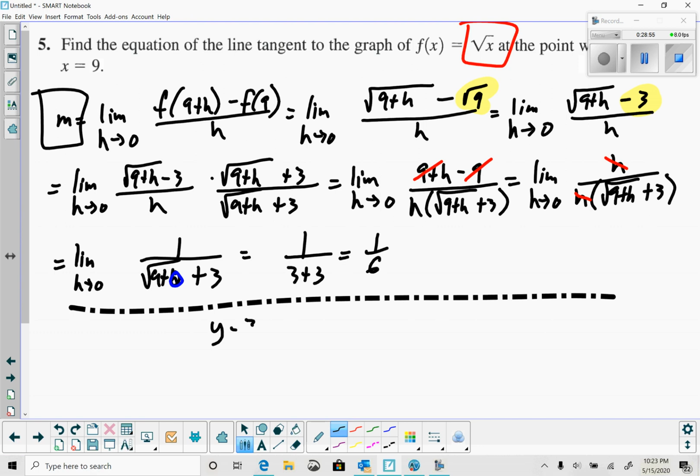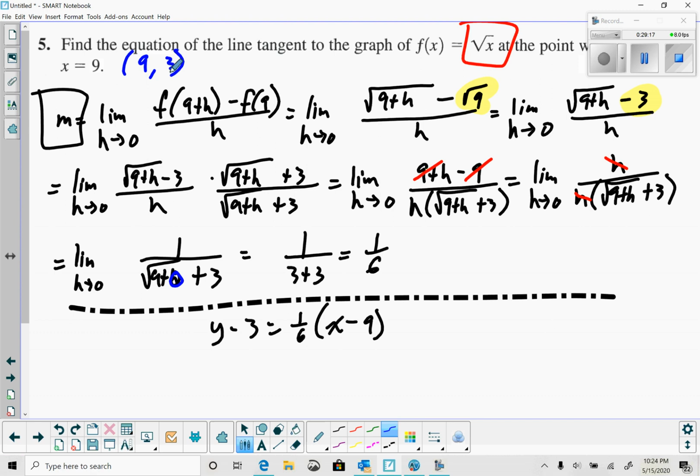So y minus 3 is equal to 1/6 times the quantity x minus 9. Okay, let me be more explicit about that. When x is equal to 9, our point of tangency is at the point (9, 3).